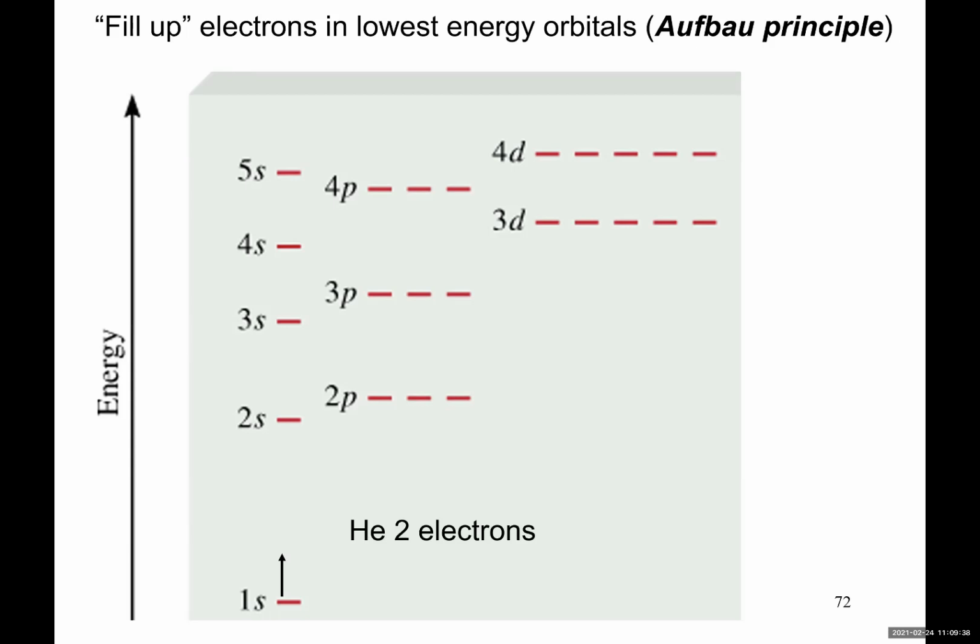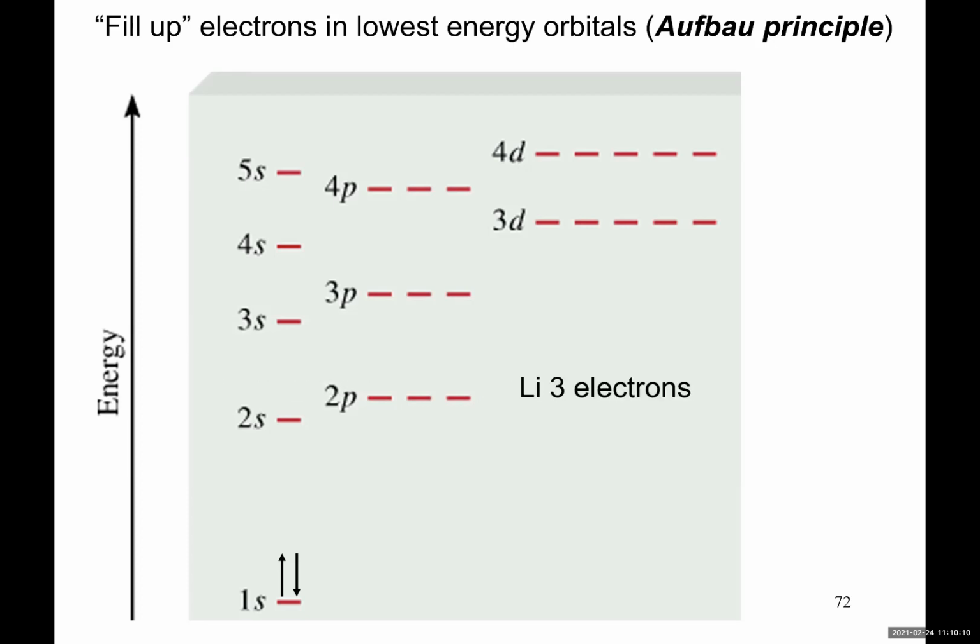Remember, we said each orbital can accommodate 2 electrons, so we will have another electron in 1s, except when 2 electrons are in the same orbital, they must have opposite spin. So up arrow and down arrow is simply showing that these 2 electrons are paired, they have opposite spin, their magnetic field is going to be attractive. So helium has electron configuration of 1s2.